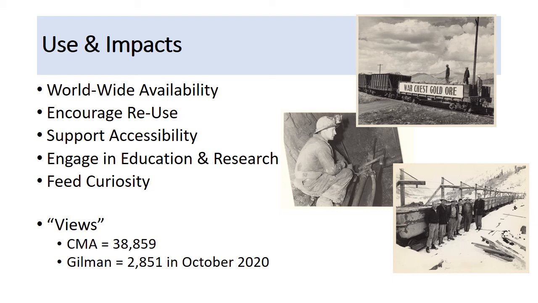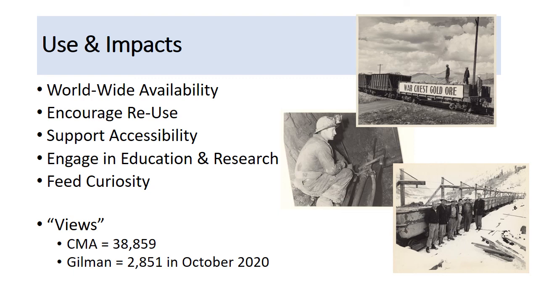Since then, they've had over 38,000 views. The Gilman Photos collection, which was the focus of this part two, was put up for accessible use in October 2020, so barely a month, and in that time it had over 2,800 views, and we're very happy to see this.